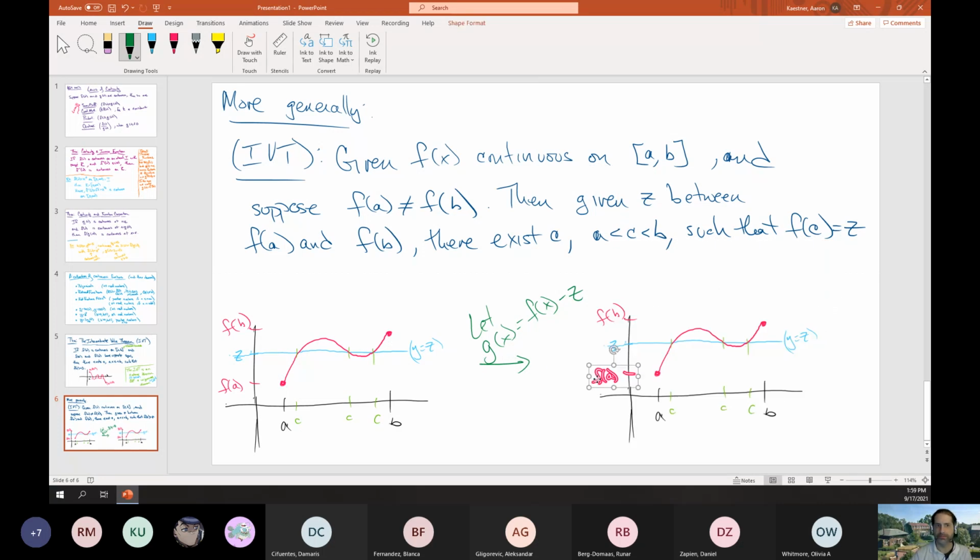Right? G says, well, let's take F and replace it. G looks basically like F. I just shifted it down by Z, right?